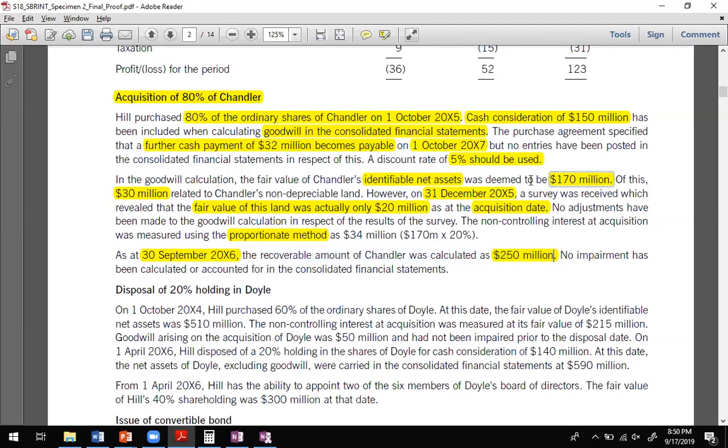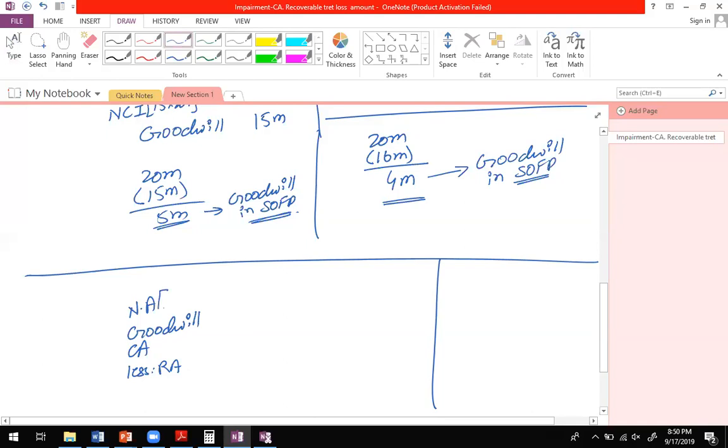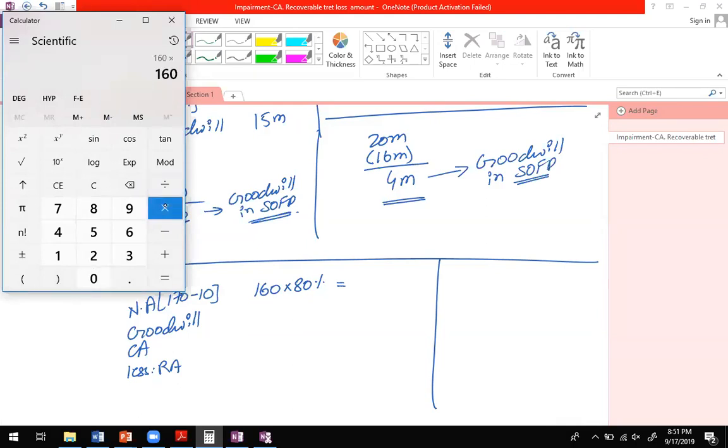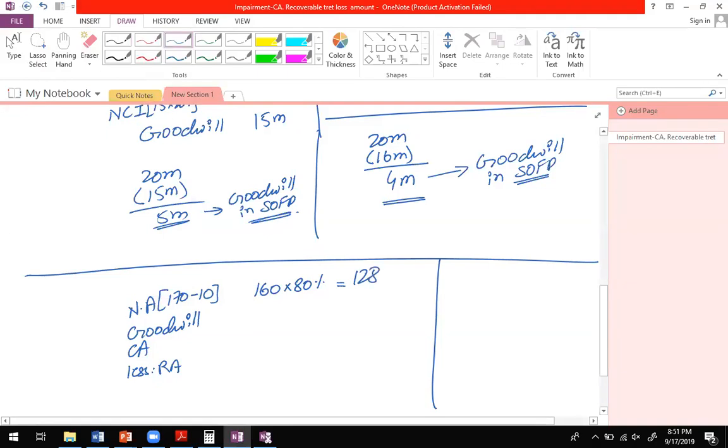The net assets were 170 million, but subsequently we reduced the land from 30 to 20. So the net assets were 170 minus 10, 160. And we need to take 80% of this before calculating the loss. So 160 into 80% will give us the value of 128.